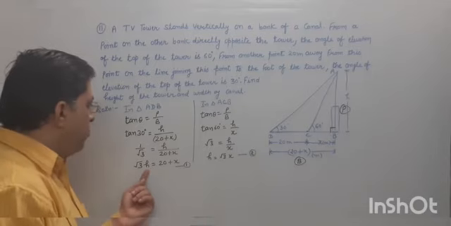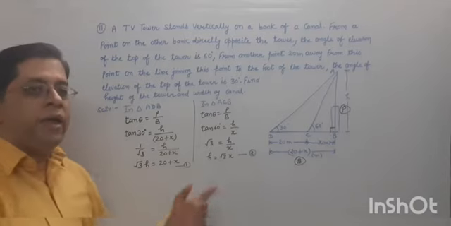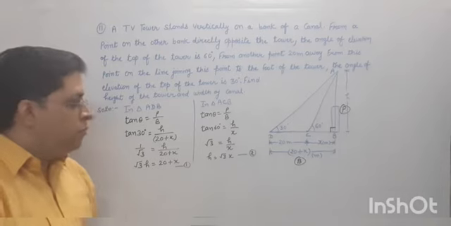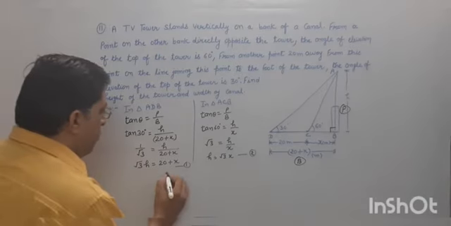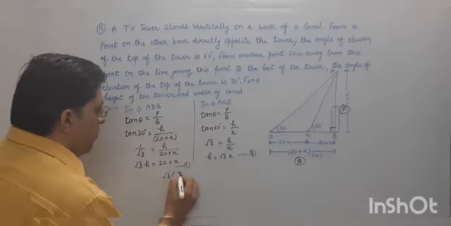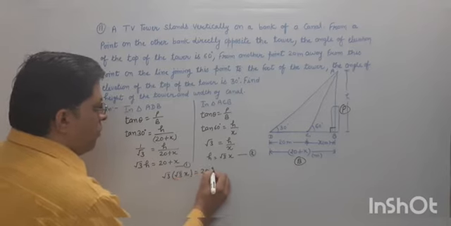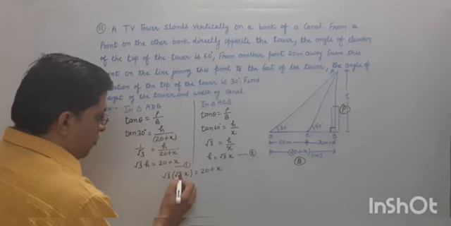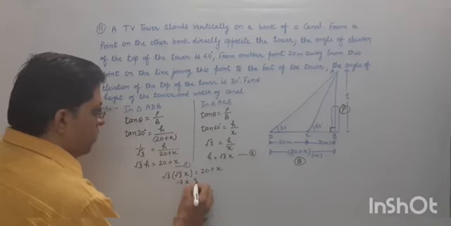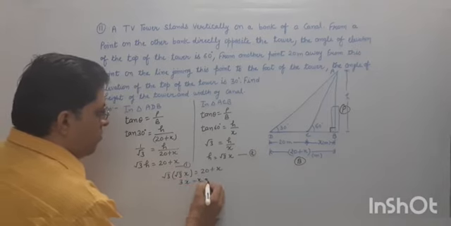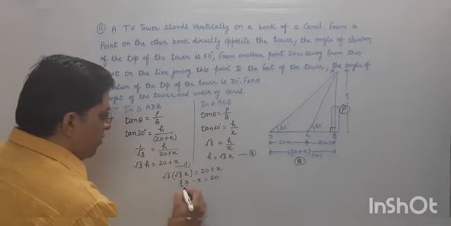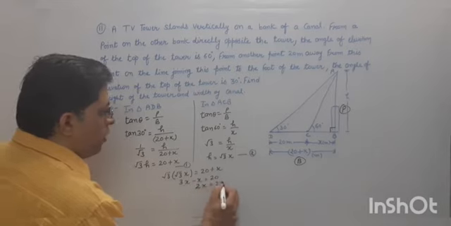Then on place of h, I can write root 3x. By 1 and 2, I am putting the value of h here: root 3 times root 3x is 20 plus x. This is 3x, send this x here, so 3x minus x is 20. This is 2x equal to 20.